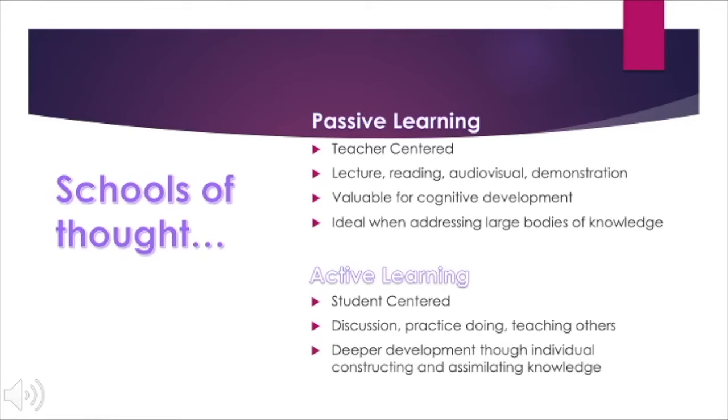Active learning has been shown to give learners deeper levels of development through their individual construction and assimilation of knowledge. It is highly more democratic in its approach. As active learning is an all-inclusive approach, it relies upon collaboration and cooperation in order to operate accordingly.